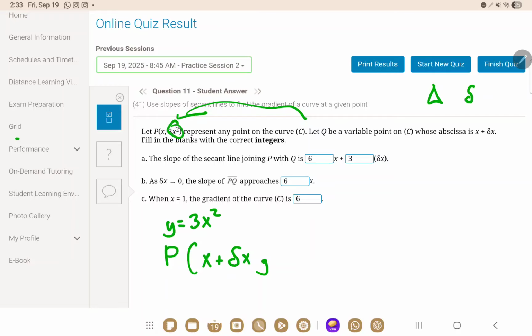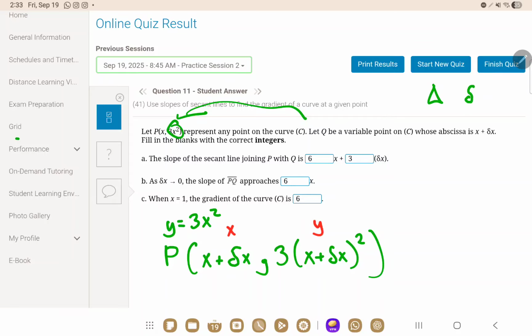They told you Q is a point on the curve C. So its y is going to be 3 into (x plus small delta x) squared, my bad. So this is your x value. Let me change the color. This is x and this is y. Back to green.